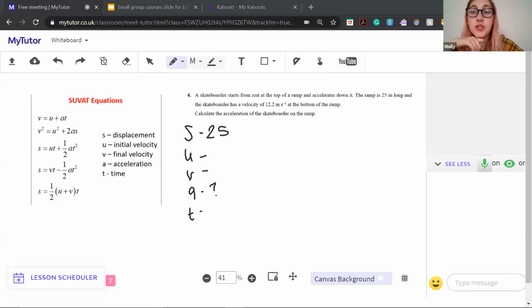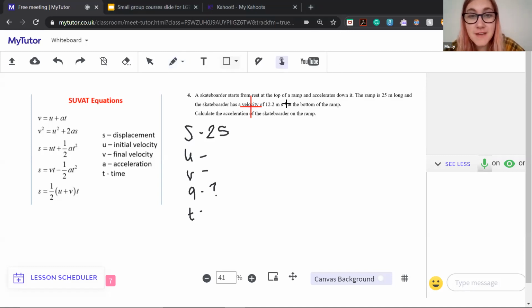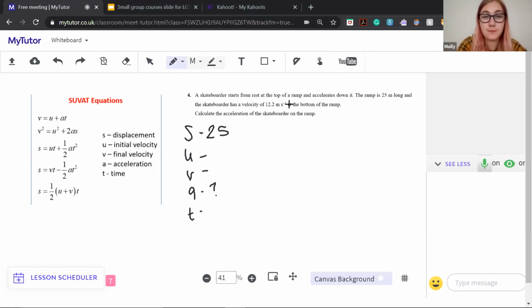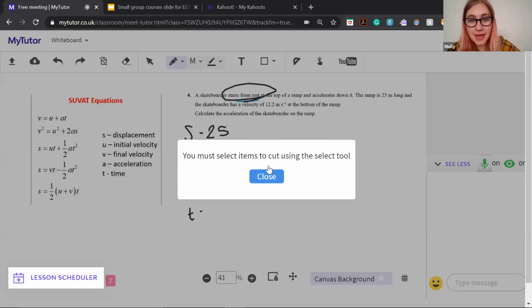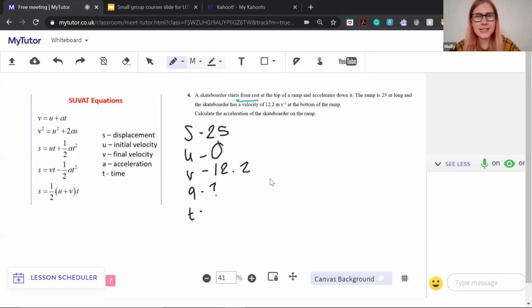Someone's put 12.2, which is a really good guess. 12.2 is what the skateboarder finishes at, so that will be V, our final velocity. The sneaky thing here is that it just says he starts from rest. That means the starting velocity is 0. So he starts from rest, goes down, and finishes with a velocity of 12.2. Generally, a 0 can easily appear even if it's not explicitly stated in the question.